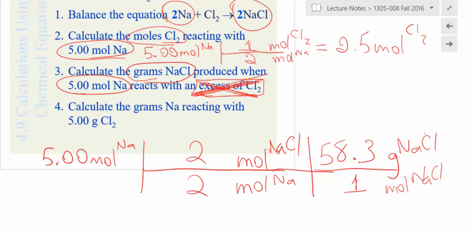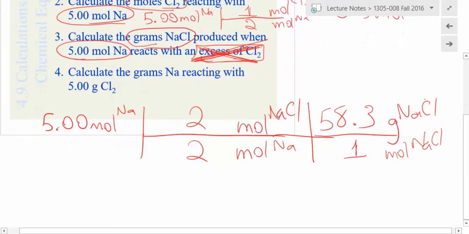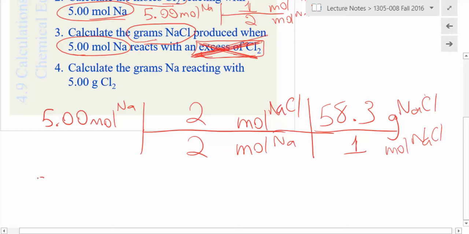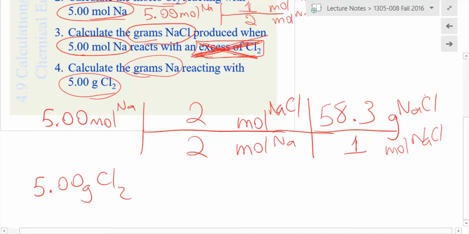Now let's look at number 4. On number 4, I'm starting with 5.00 grams of chlorine, and I want to go to the grams of sodium. Can I do that in one step? I cannot.